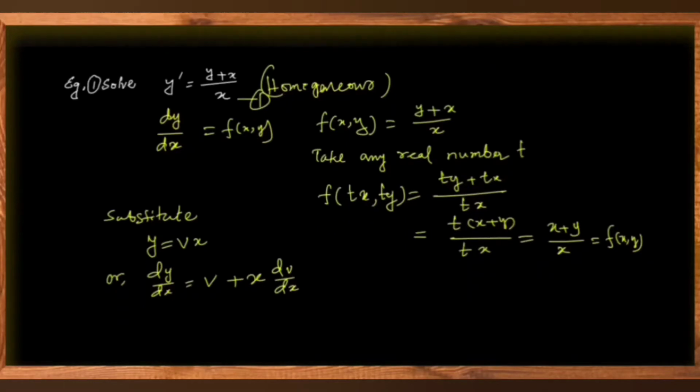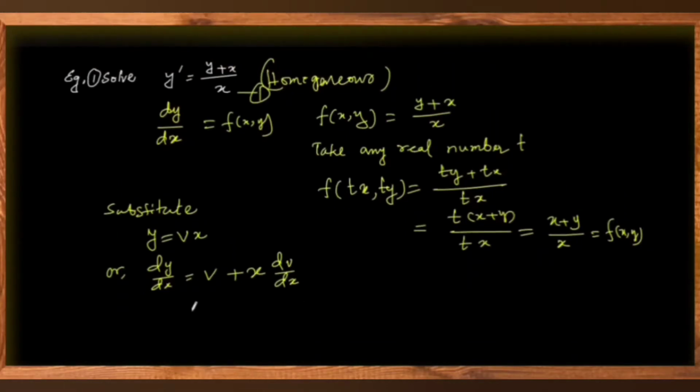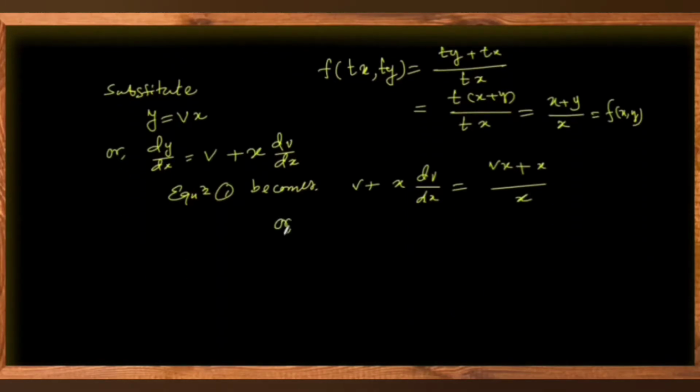Then equation 1 becomes v plus x dv/dx equals (vx plus x) upon x, or we can write this as v plus x dv/dx equals v plus 1. Or v gets cancelled, we can write this as dv equals 1 upon x dx.